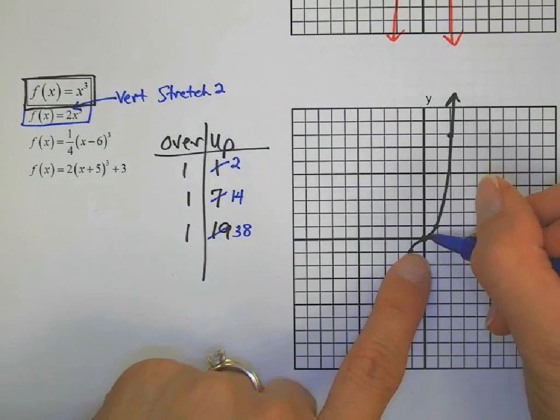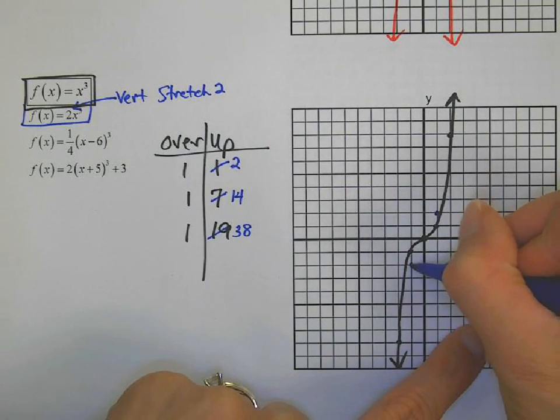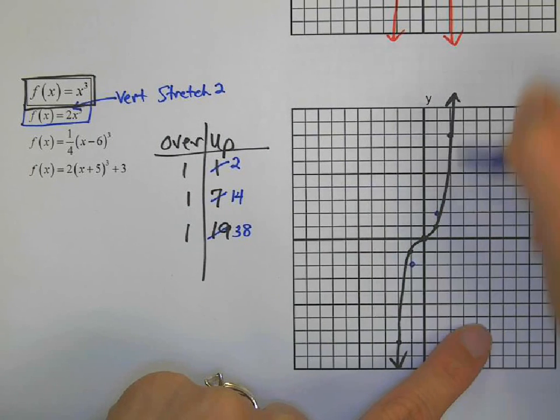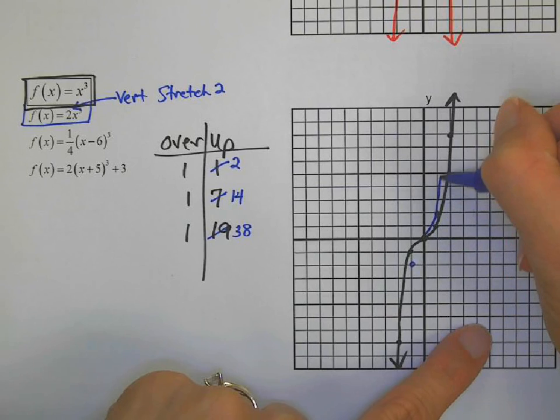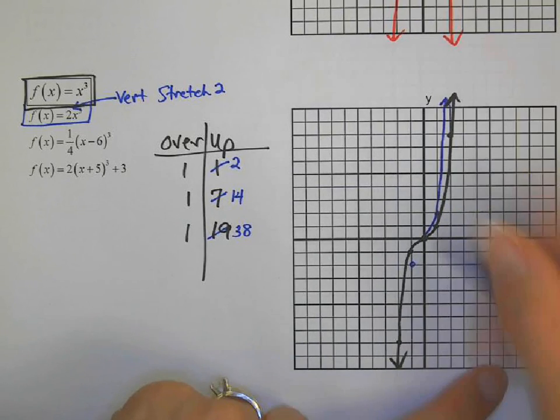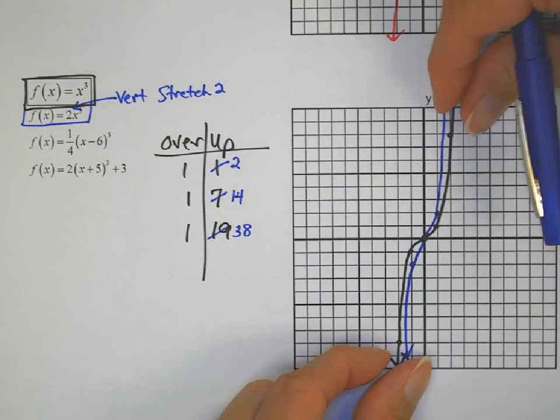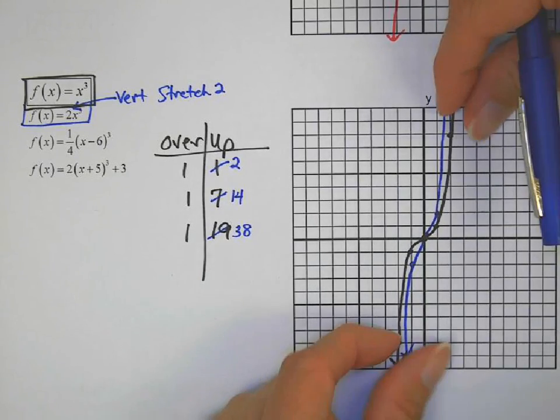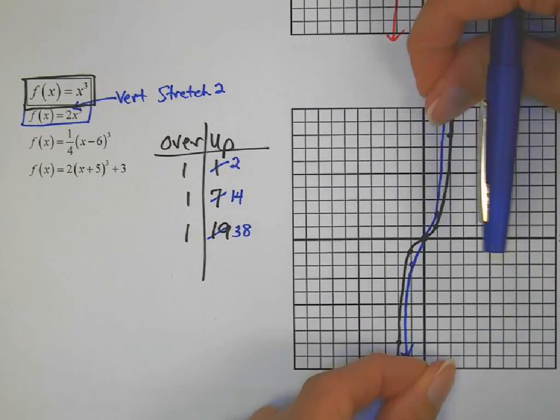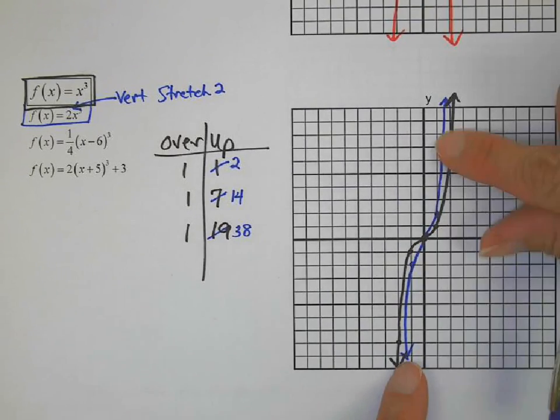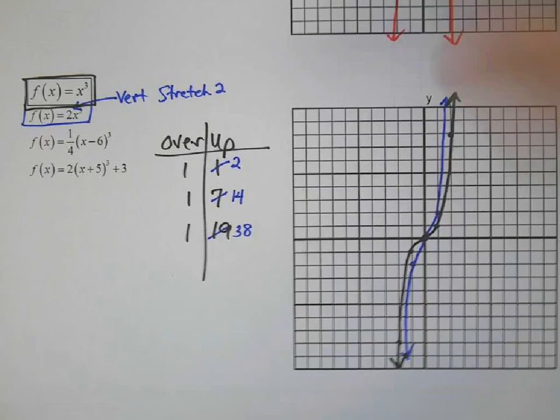So we'll start on the origin, over 1, up 2, over 1, up 14 is clearly not going to fit. This cubic is going to be super duper skinny. If you take the basic one and you pull on his arms and vertically stretch him, he's going to get skinnier and skinnier and lose a lot of his curve. Vertically pull that graph.